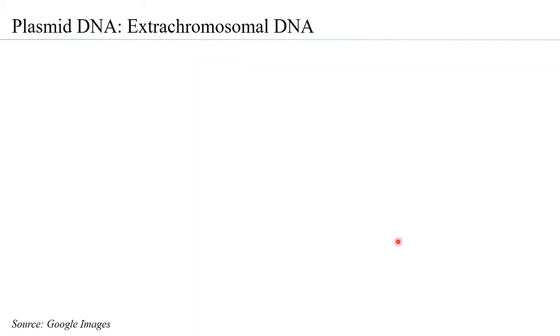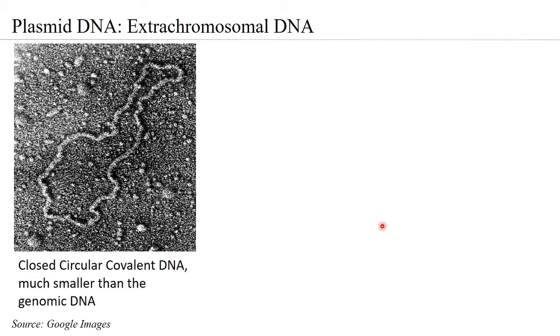Now we go to another interesting facet of the DNA of the bacterial system. What was observed is that bacteria, other than their genomic DNA, also seem to have a much smaller closed circular DNA.